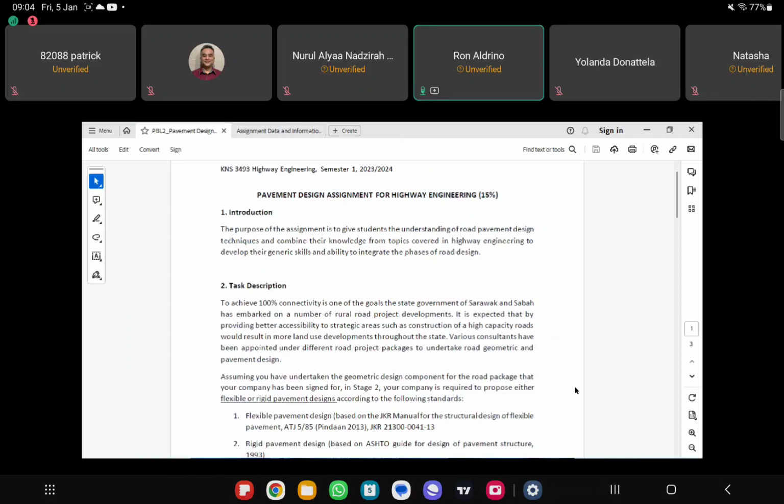I have also included the rubric for you in Ellipse, so please download that and attach it together with your report. So the first page is your cover, and the second page should be your rubrics.